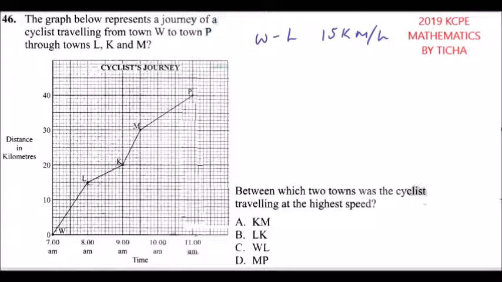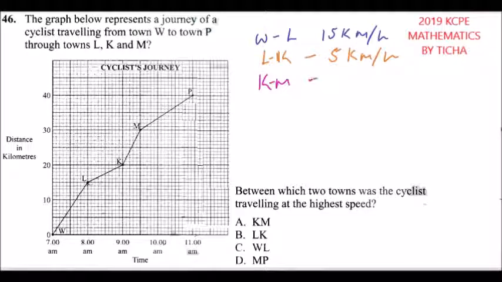The second one is from L to K. It took 1 hour, from 8 to 9, but he only cycled 5 kilometers, that is from 15 to 20. So it means it is 5 kilometers per hour. That was the speed.